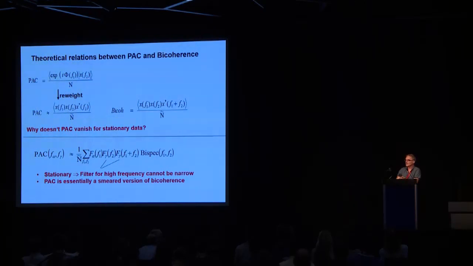You have to filter it before you apply a Hilbert transform, say, between 30 and 50 or something. You have to use a very wide band. If you make a narrow filter, it would vanish. So basically, what you think is a relation between two frequencies is really a relation between all frequencies, so for gamma, in a range. And you need that range to come up with a non-vanishing result.